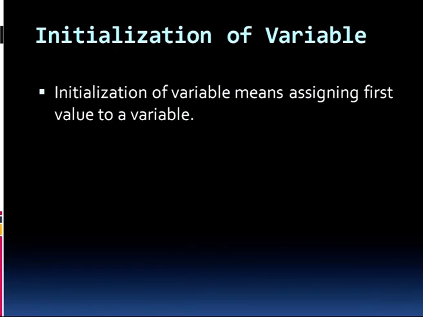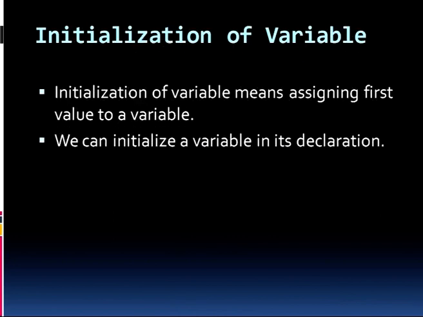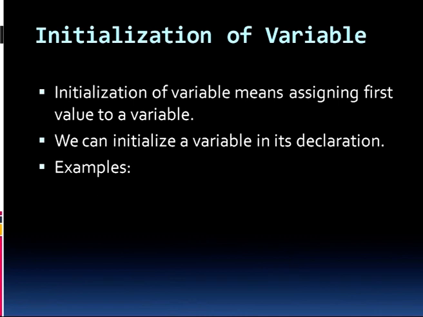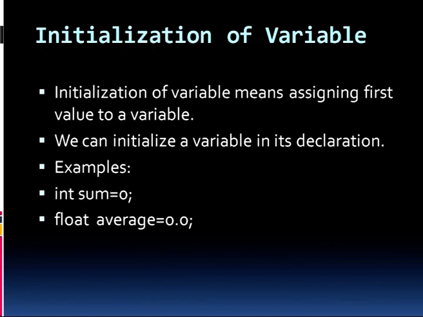Initialization of variable. Initialization of a variable means assigning first value to a variable. We can initialize a variable in its declaration. For example, this statement is declaring a variable with the name sum, data type integer, and we are also initializing the variable sum to the initial value 0.